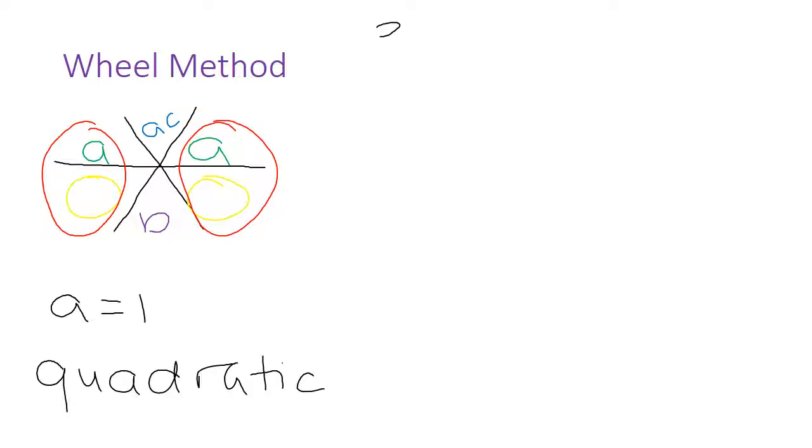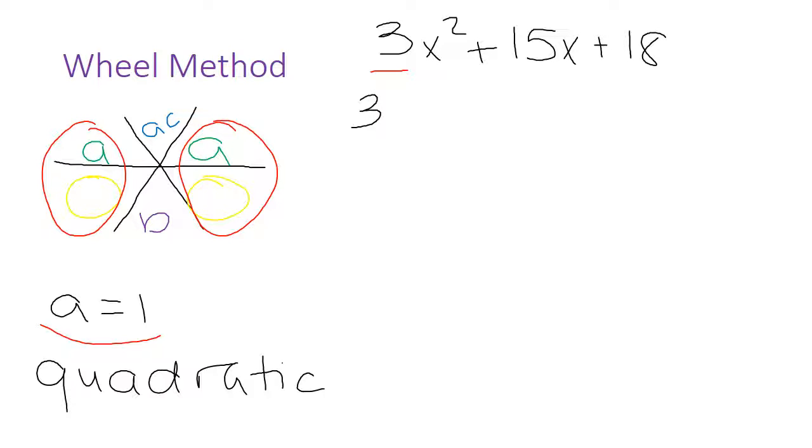Let's start with the example 3x squared plus 15x plus 18. At first glance, we notice that our A is a 3 and not a 1. But we can factor out that 3 since it is the greatest common factor and end up with x squared plus 5x plus 6.